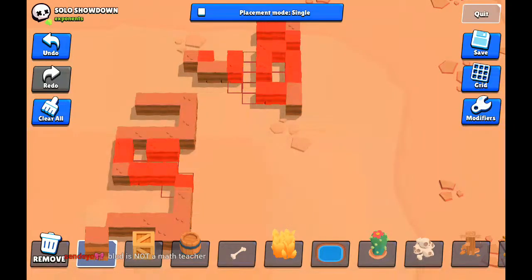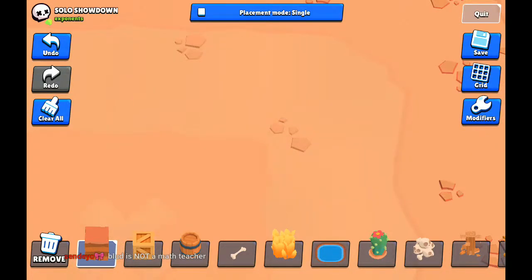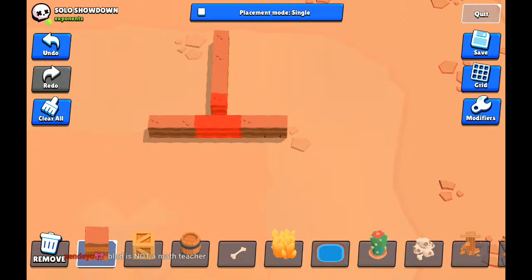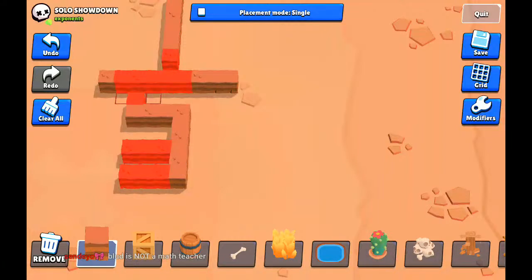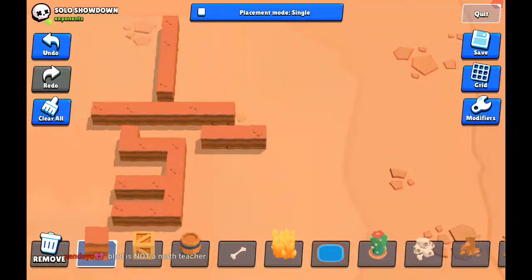So what you do there is you'd have 1 on top, you'd have the line, and then you'd have 3, and then you'd have a negative 3.